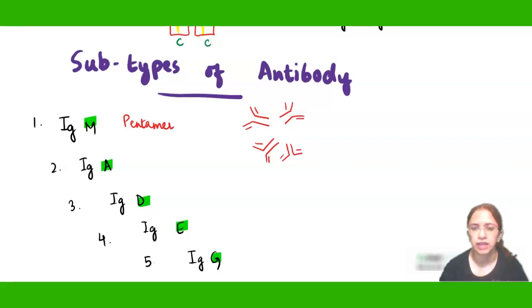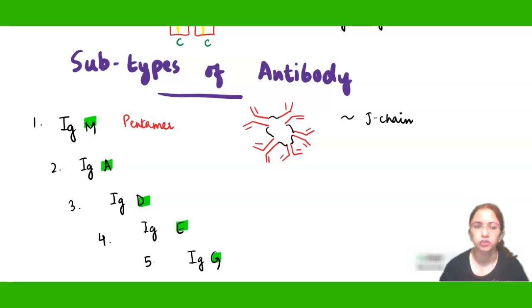You can see that I am showing the heavy chain and light chain, so accordingly, you should also know. Now you can see that 5 antibody structures are being made, and this black line actually shows the J chain. This is a short chain that helps in connecting one monomer with another. When I say one monomer, I'm talking about 2 heavy chains and 2 light chains.